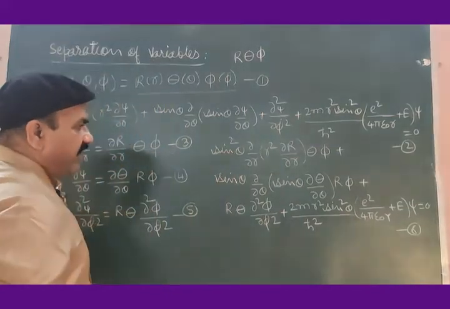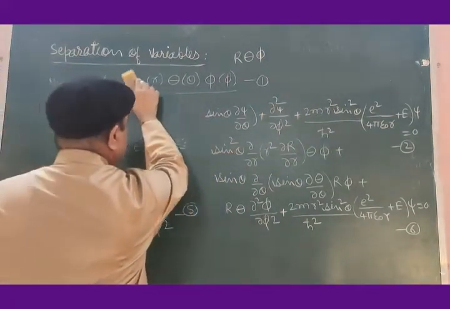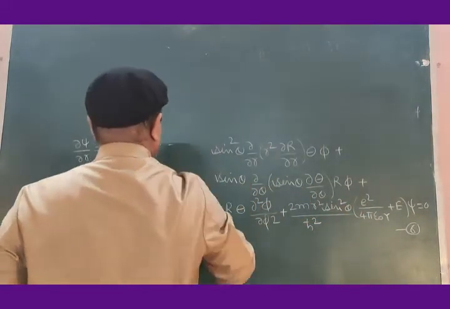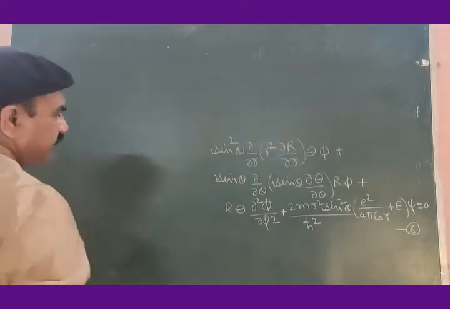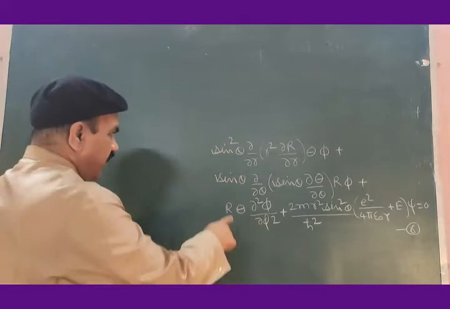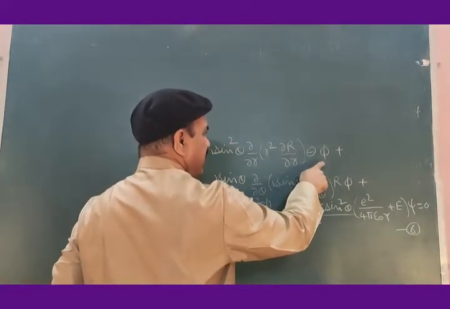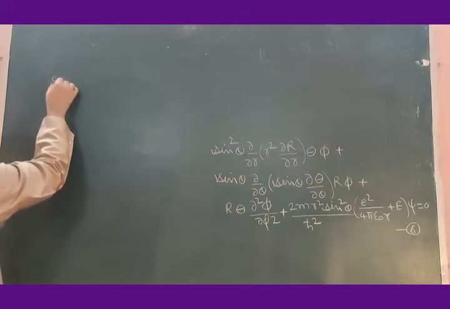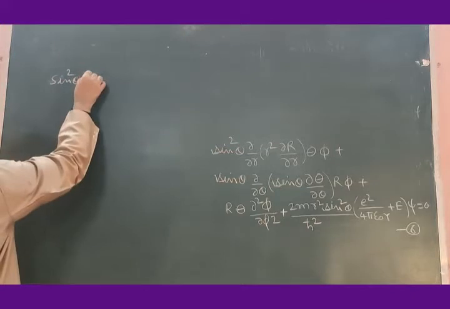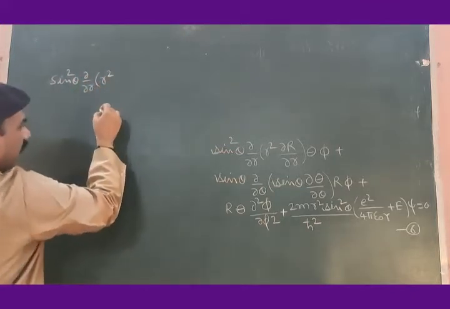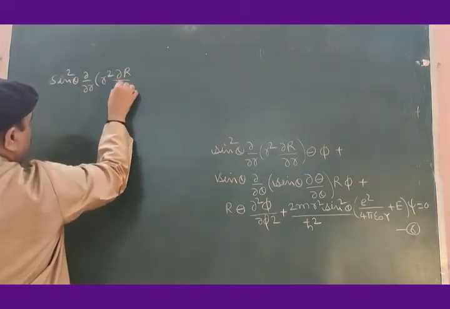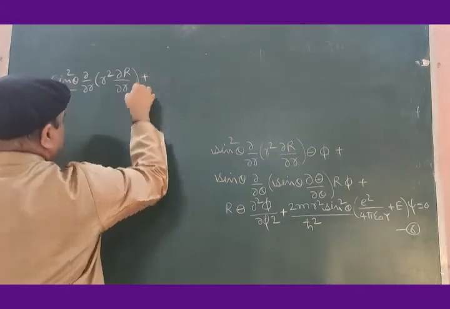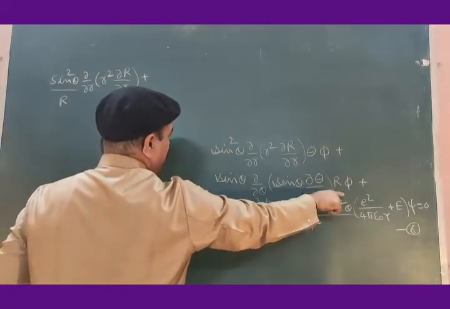So, dividing equation 6 by R Θ Φ, we may further have: when we divide the first term by R Θ Φ, Θ Φ will get cancelled, only 1 divided by R will be left, and that is sin²θ into ∂/∂r of r² ∂R/∂r, divided by capital R. Θ Φ get cancelled, plus here R Φ will get cancelled and in the denominator Θ will come.